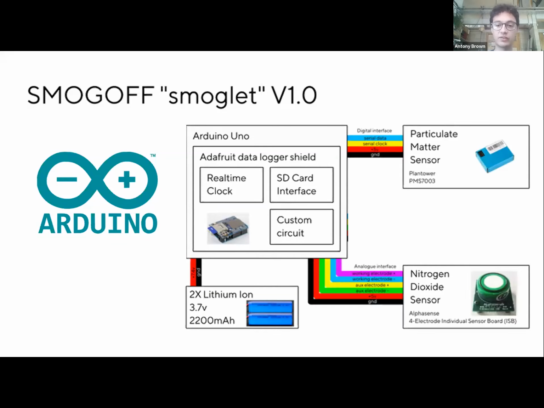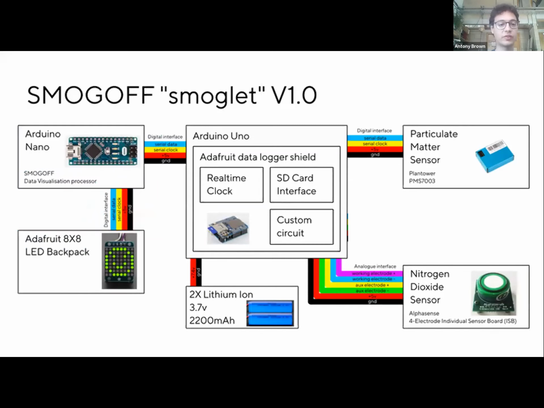And we had two sensors: a particulate matter sensor and a nitrogen dioxide sensor. And there's also a separate, smaller Arduino computer which processes the data and powers a data visualization, which is in the form of an LED matrix.